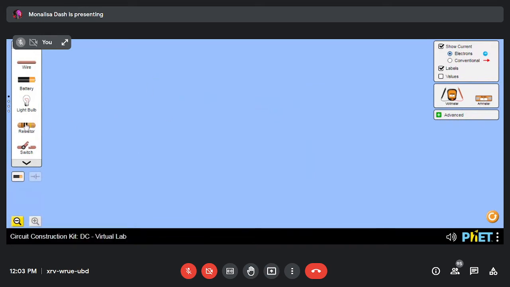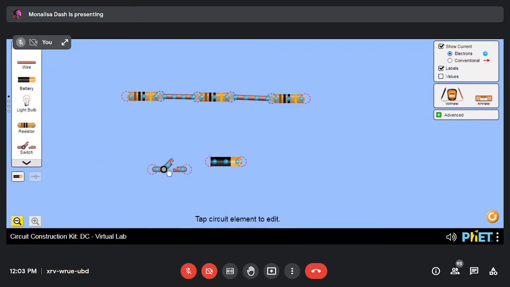Very easy. Just I'm taking 3 resistors connected in series. Same battery. I'm not connecting the switch, directly I'm connecting. This is the circuit. If you connect the switch also, no problem.